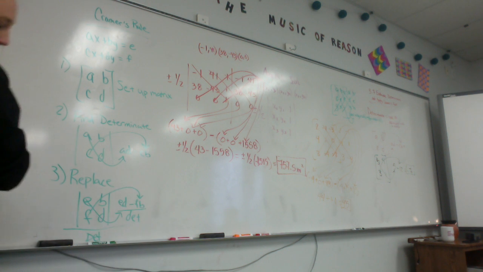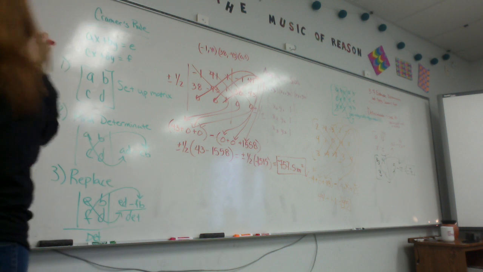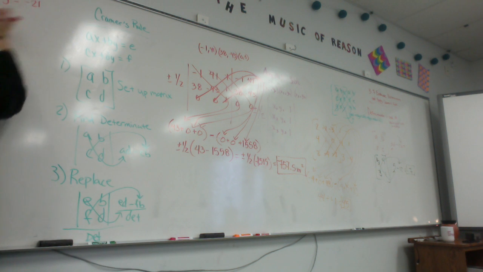And then my other equation says 3x minus 5y equals negative 21. Okay, step 1, set up a matrix. How do I do that? 9 and 4 and then 3 and negative 5. Okay, make sure those negative signs go with it.